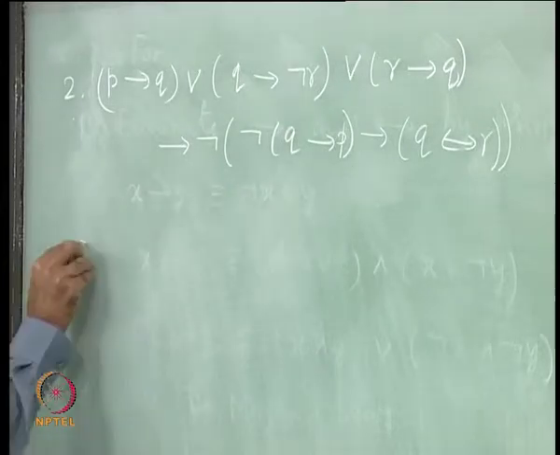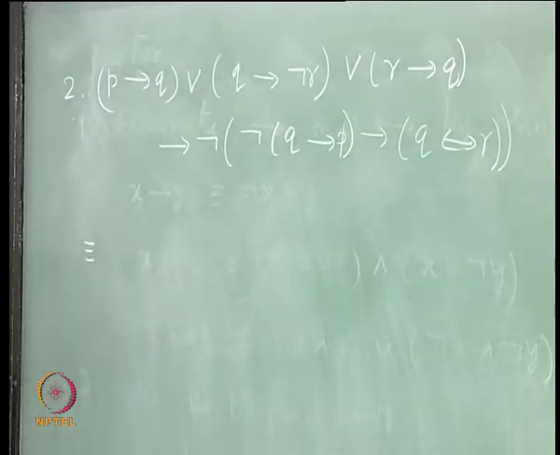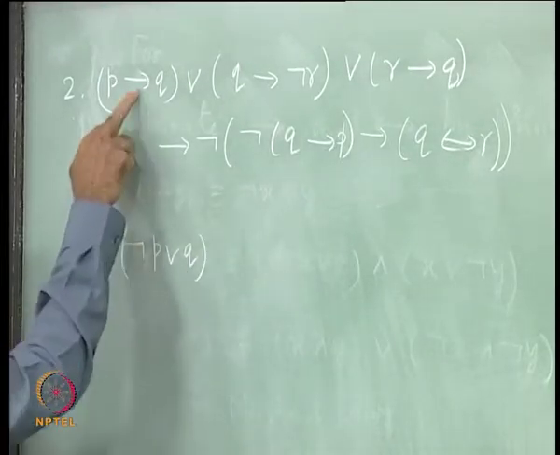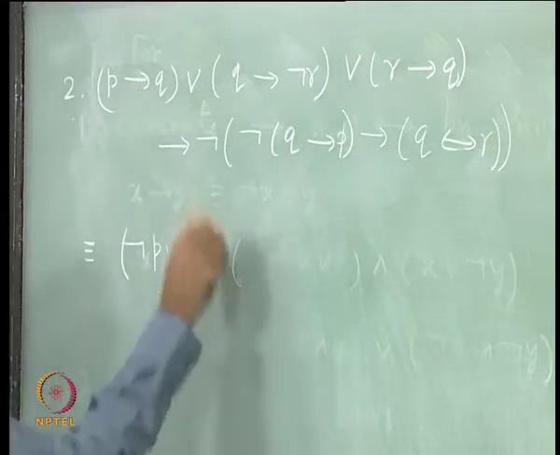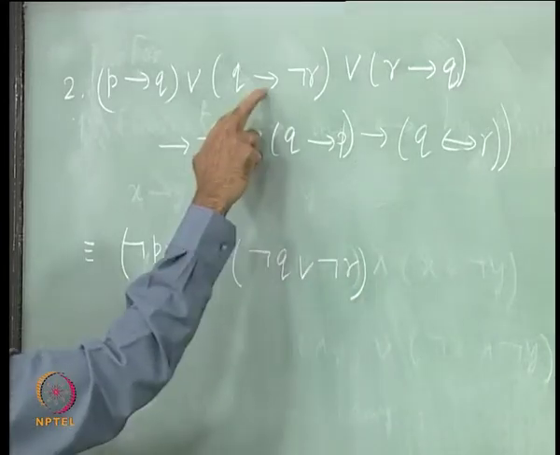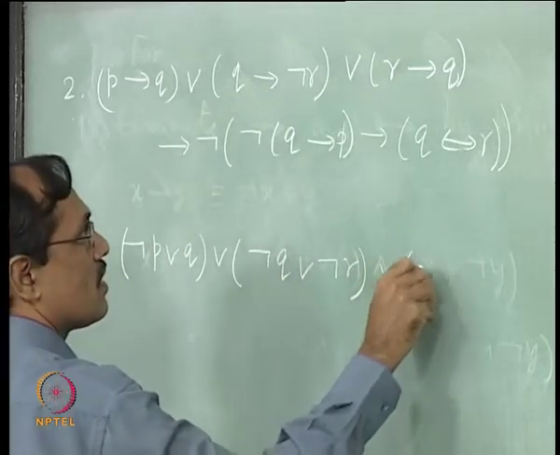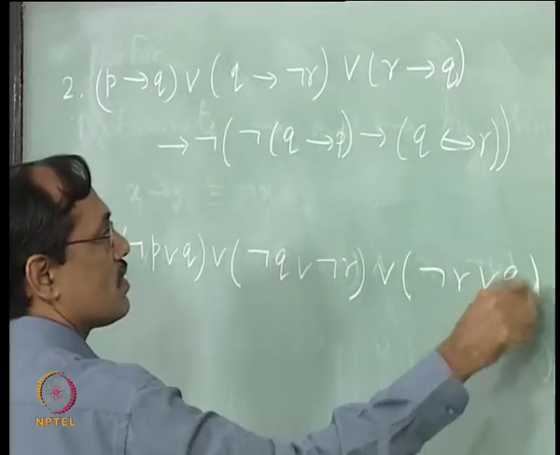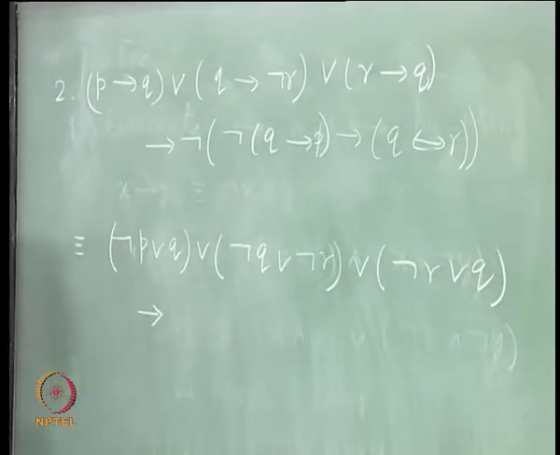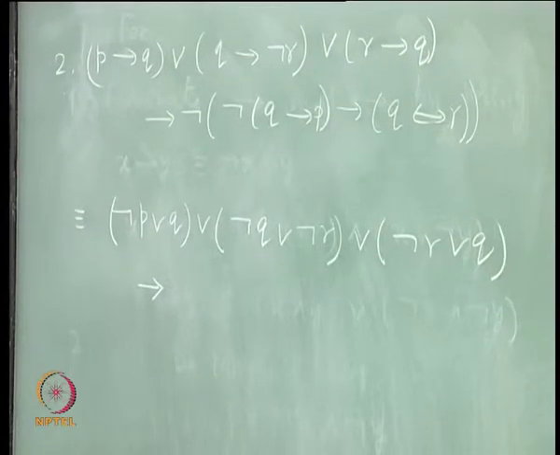So, what do we do? We have to eliminate the connectives, implies and biconditional. So, not P or Q, that is for this implication, or not Q or not R for this implication, or not R or Q for this implication. Let us keep it, it will create problem otherwise.